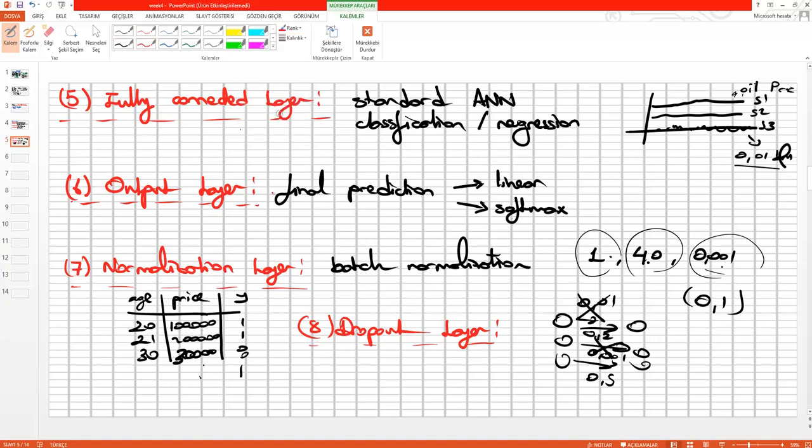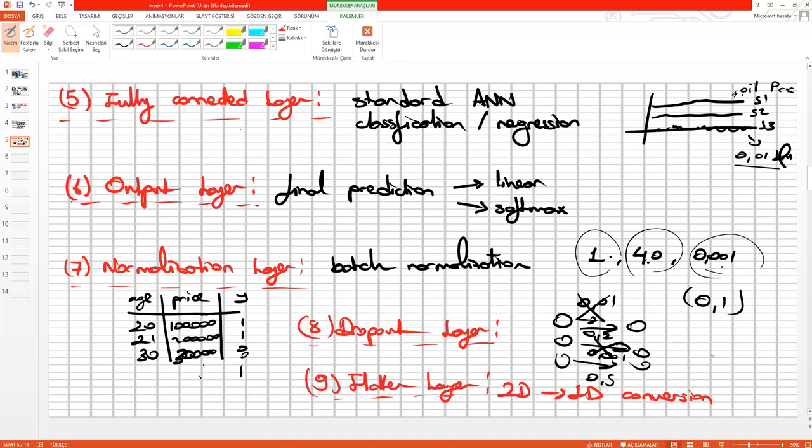And we should also know the flatten layer. Flatten layer means 2D to 1D conversion. If we have 2D or 3D dimensions in the input of the convolutional neural network, then we have a 2D tensor.